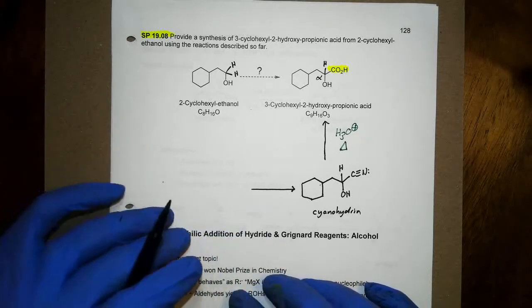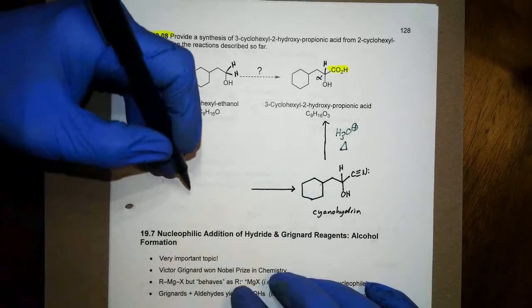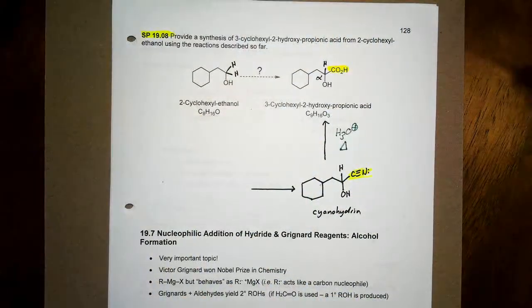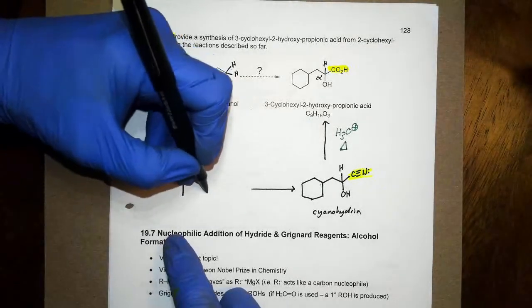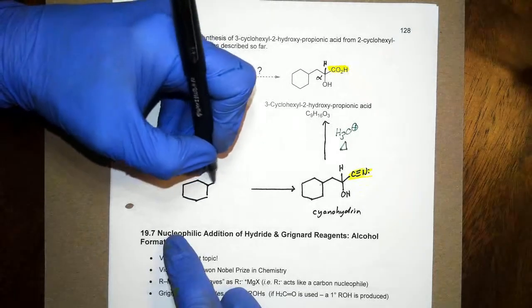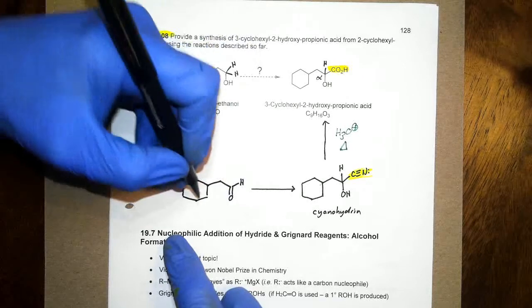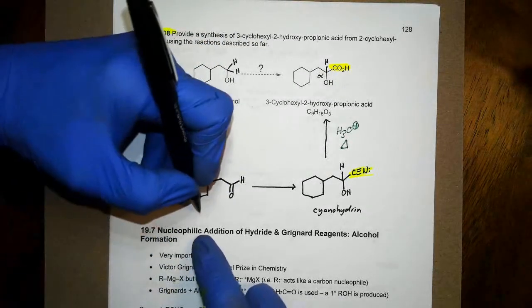In this case, we would need an aldehyde because we see a hydrogen there. So it's simply a question of installing this group into the corresponding aldehyde. And what does the corresponding aldehyde look like? The corresponding aldehyde would have this structure. Plain and simple. This is your aldehyde.